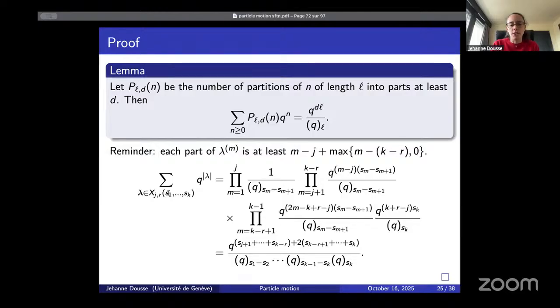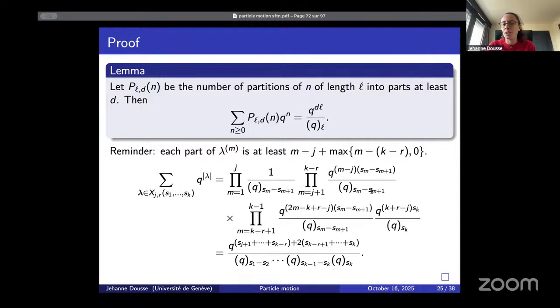And for computing the generating function of partitions in the set X_{j,r} that we just defined, where the condition was that each part of lambda m is at least equal to that, we just use this lemma. And according to the value of m, we have different cases to treat. So if m is smaller than j, this condition doesn't mean anything because this integer is negative, so we just get partitions.